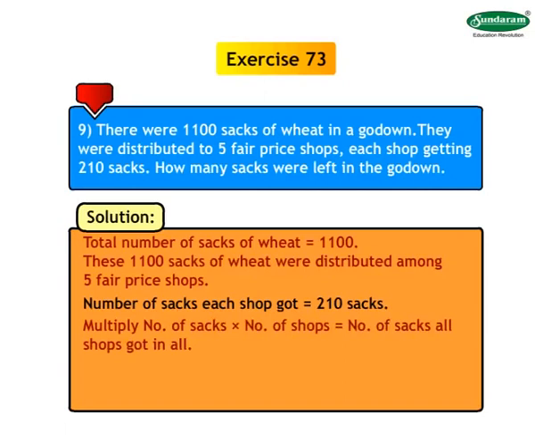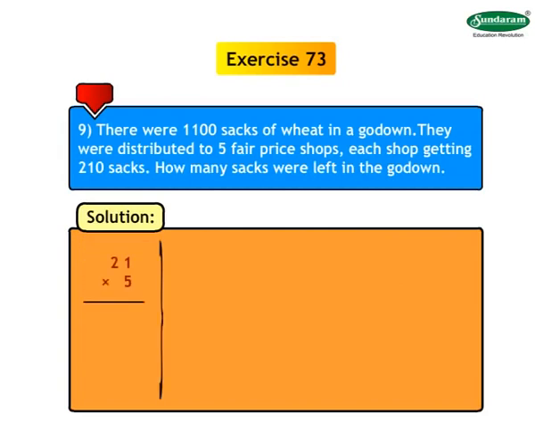To multiply 210 by 5, let us arrange the numbers. Multiply 21 into 5, then put 0 after its product. 21 into 5 is equal to 105. Hence, 210 into 5 is equal to 1050 sacks. Thus, all shops got 1050 sacks altogether.